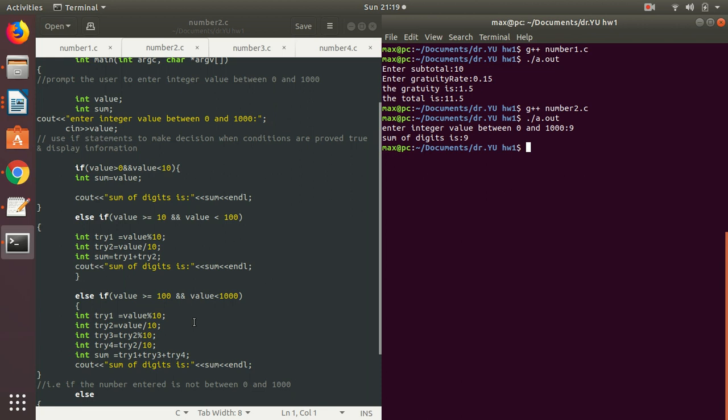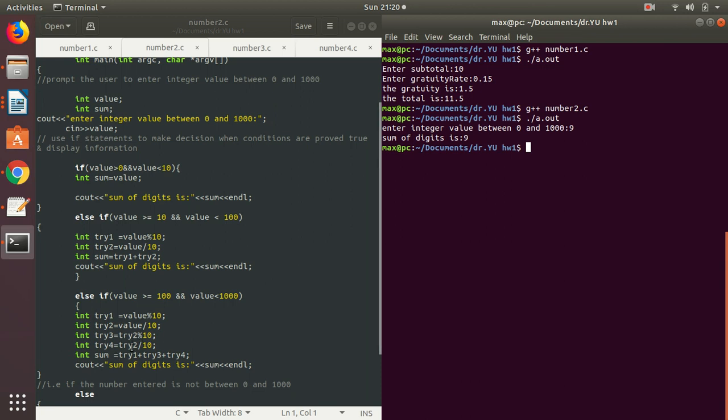So what happens if the value was, as we were given in the question above, 932? 932 modulus 10 gives the right-hand value, 2. Then you divide 932 by 10 to get the left side value, which gives you 93. Then 93 modulus 10 again gives the right-hand value, 3.